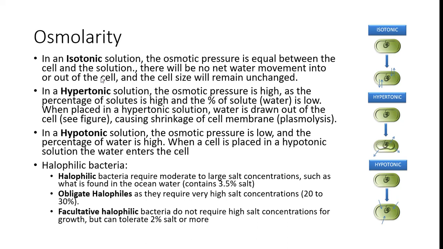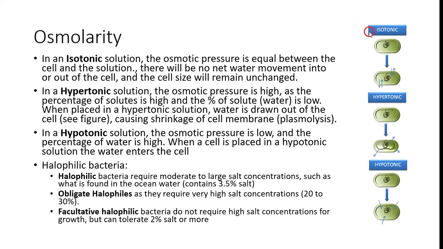So when we say isotonic, the surrounding environment is equal to the inside, or cytoplasm, of the cell. If you place the cell into a solution with equal water and equal salts on the inside and the outside, then any water that moves in and out is going to be equal, and the cell is going to thrive.